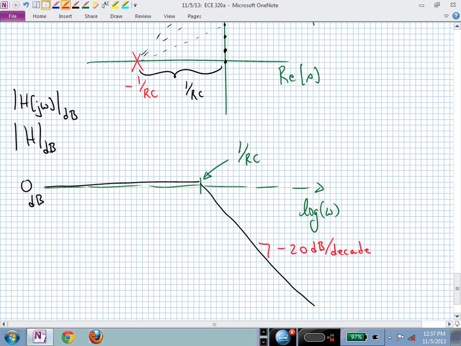If 1 over RC happened to be 1 radian per second, then we would approximate this with a straight line out to 1, and then at 1, we're going to start going off at 20 dB per decade. So at 100 radians per second, how far down am I in amplitude?